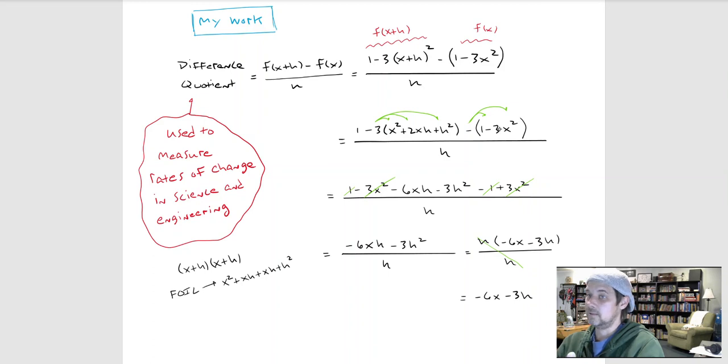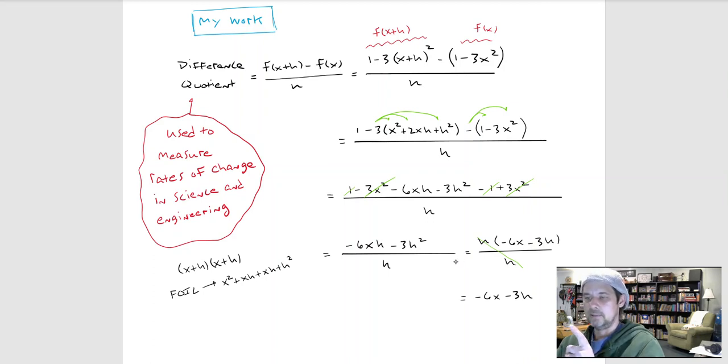What I'll get is a minus 1, and then if I take the opposite of negative 3x squared, I'll get positive 3x squared. Then I notice a lot of things cancel out. I have a 1 and a negative 1. I have a negative 3x squared and a positive 3x squared. Those cancel because they're opposites. And I'm left with negative 6xh minus 3h squared over h.